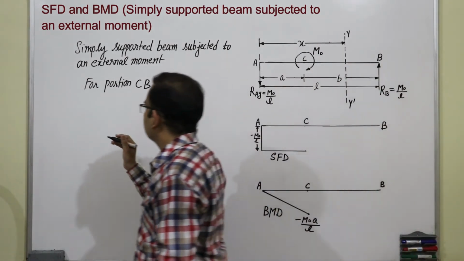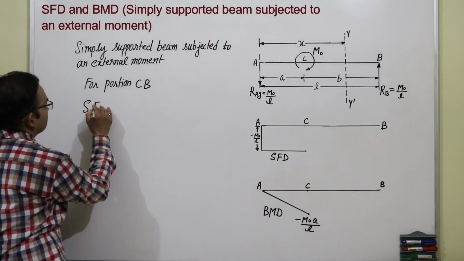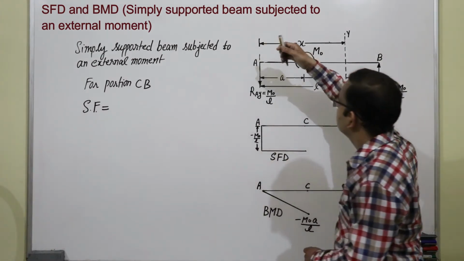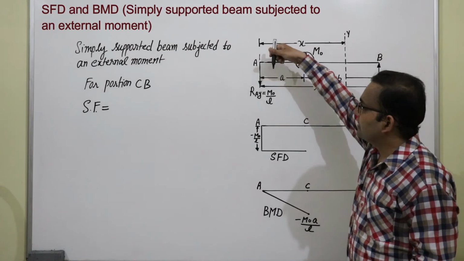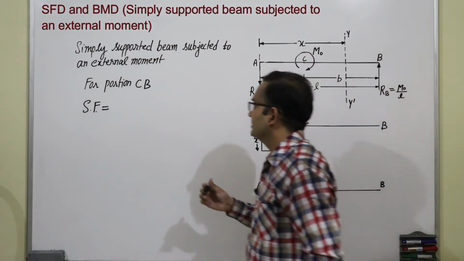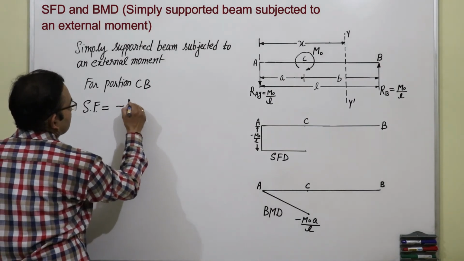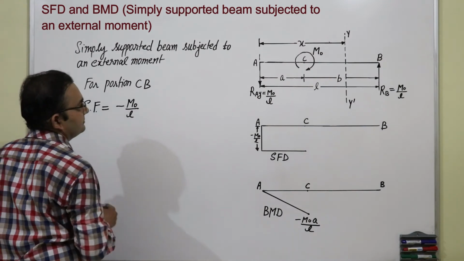So shear force equal to, towards the left of this section is this force, and it is acting downward. So it is minus m0 upon L.